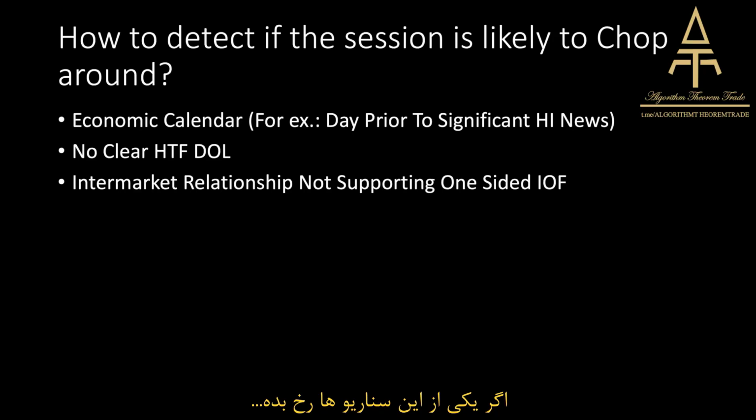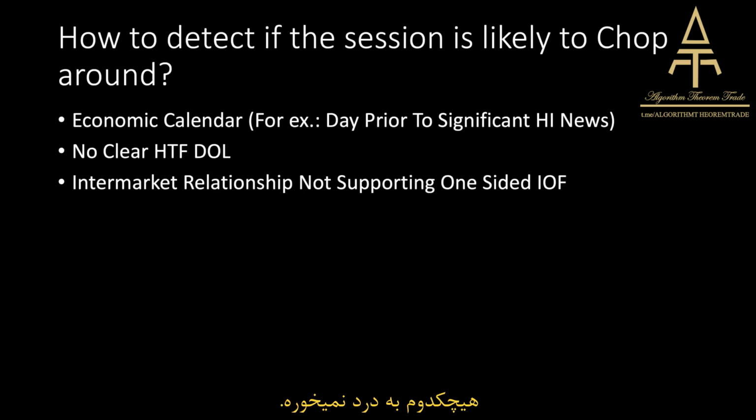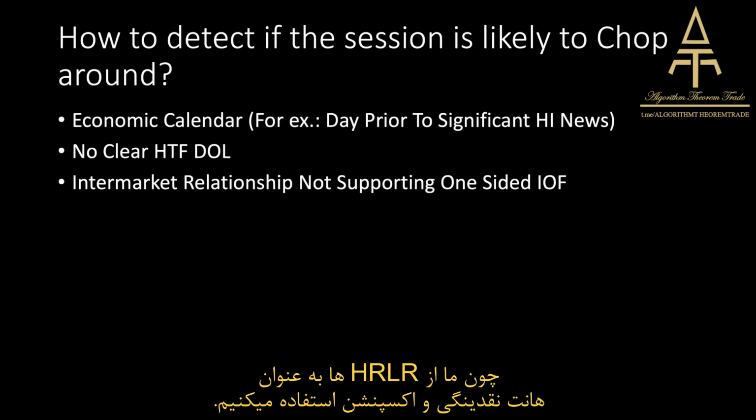When one of those two scenarios occur, we can anticipate either a very choppy consolidation range or a high resistance liquidity run. Neither of those scenarios are preferred because our job is to determine low resistance liquidity runs, the runs in which you enter and it immediately begins to expand.